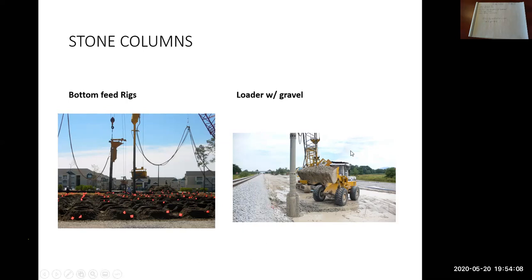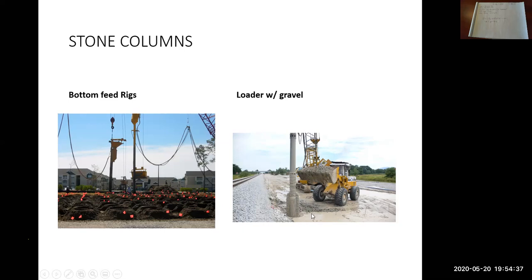Versus the wet method, the loader simply grabs a loader bucket worth of gravel and dumps it right here. So the crane lifts and lowers this column, pounding that stone into the ground, all the while blowing water into the hole to help blow the stone down. So that's where the water comes from in this wet top feed method.